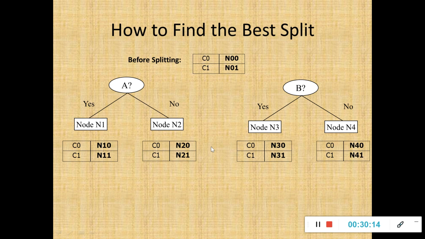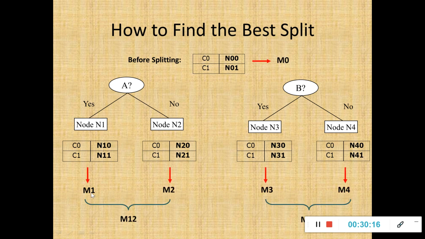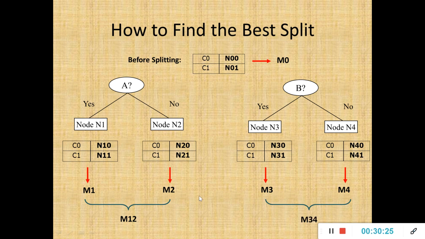So which is the best split? I'm supposed to find it by combining M1 and M2 to get M12, and by combining M3 and M4 to get M34. Now I'll subtract M12 from M0 for the first part, and subtract M34 from M0 to get the second value, and I'll find which value is the best one.